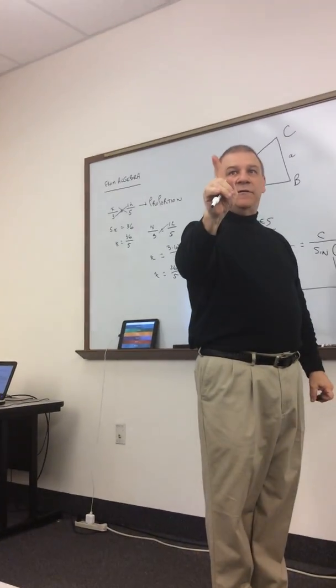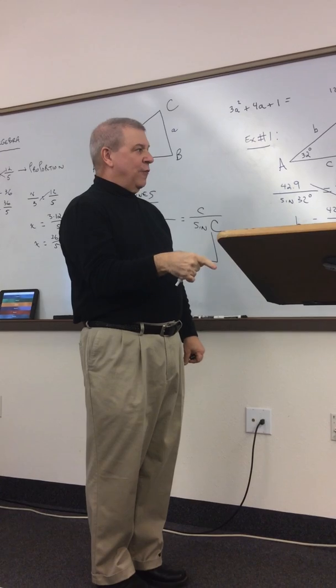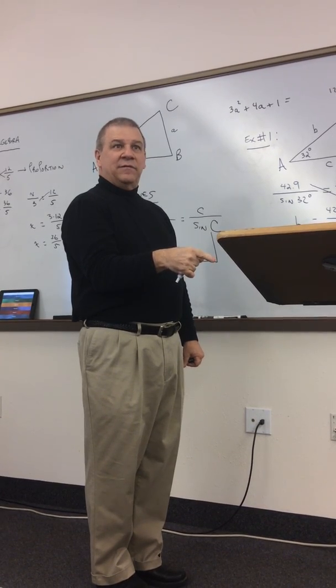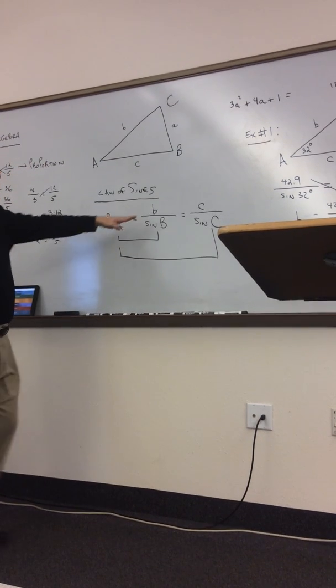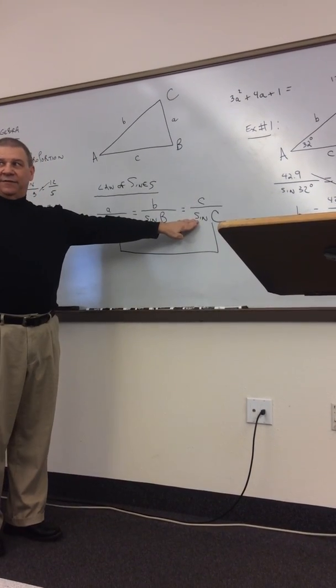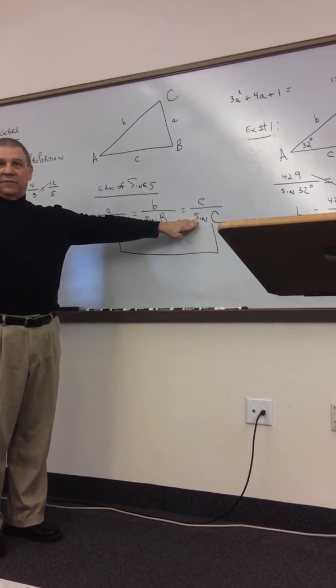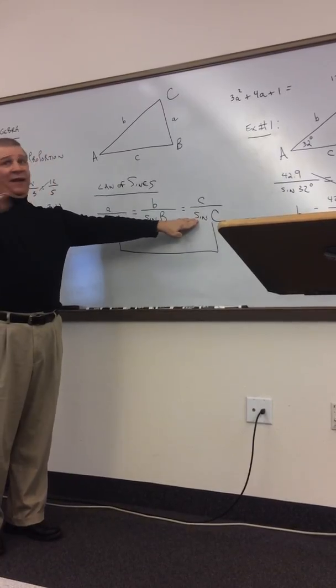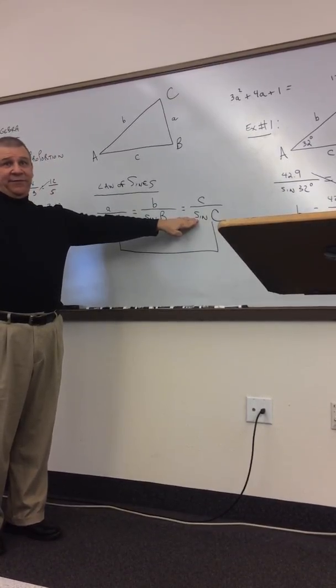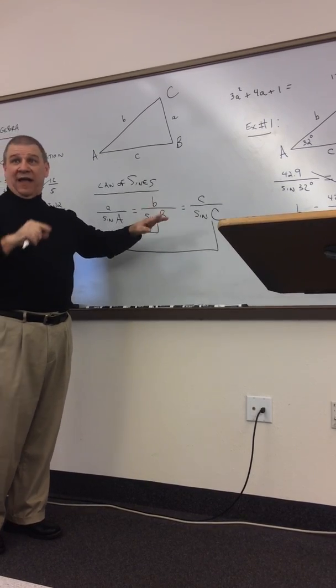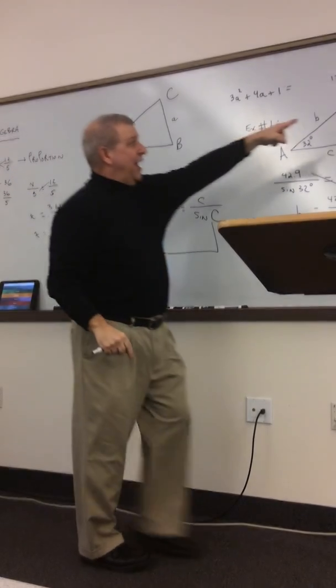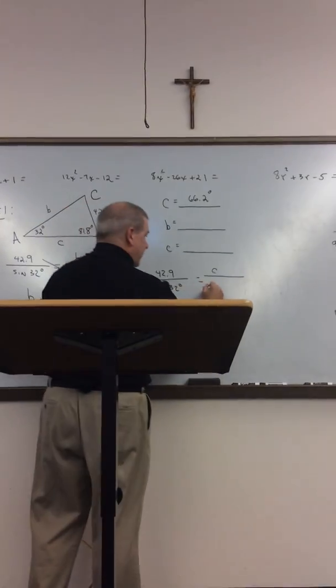Be careful here. Side C over what? You got to get this law of sines down pat today, because everything after this law of sines is going to keep coming up all the time. Wrong. The sine is 66.2. The sine of angle C. So the sine of 66.2.